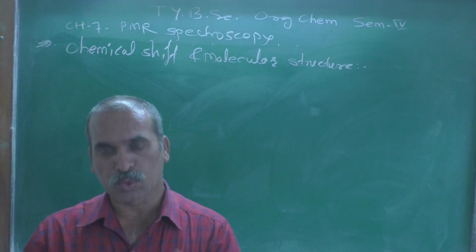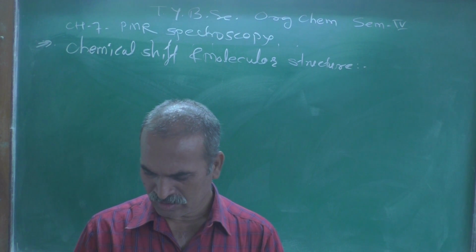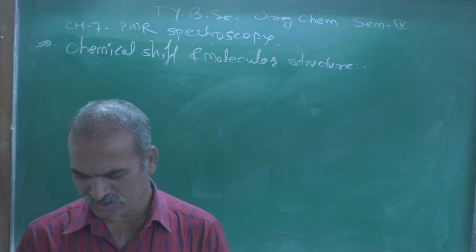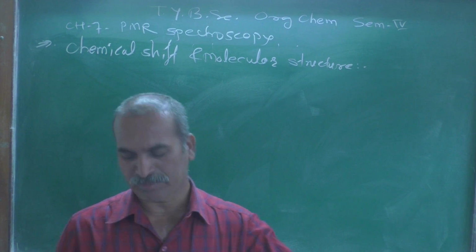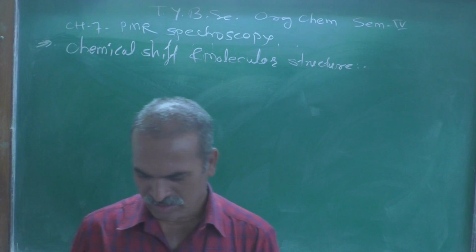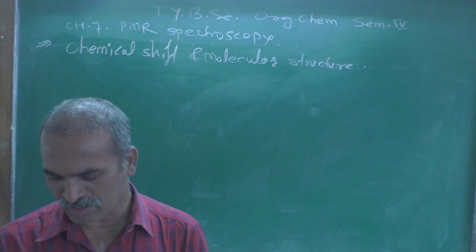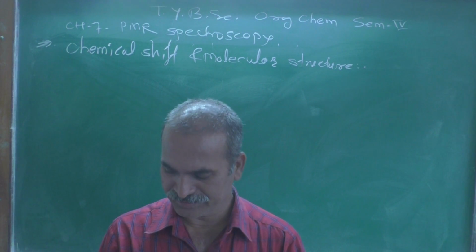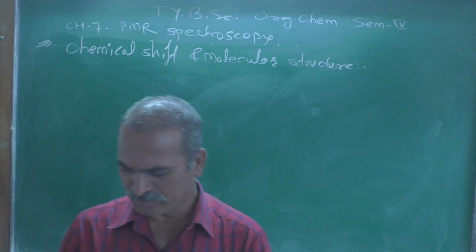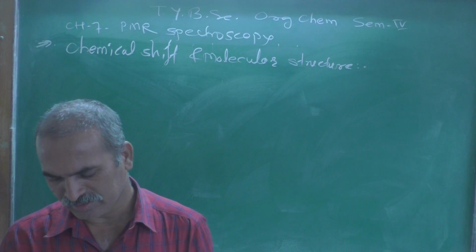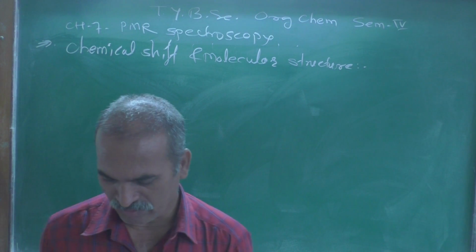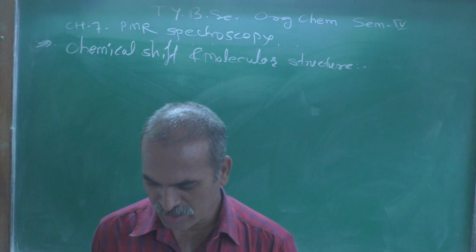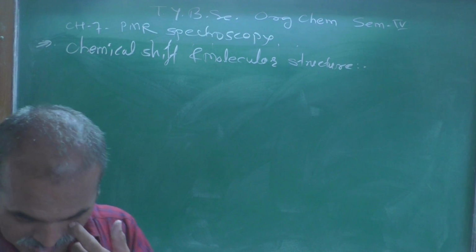Let's try to correlate structural features and chemical shift values. Consider the PMR spectrum of the following compounds. All of them show one peak at the given delta values. Their compounds and chemical shift values are given.